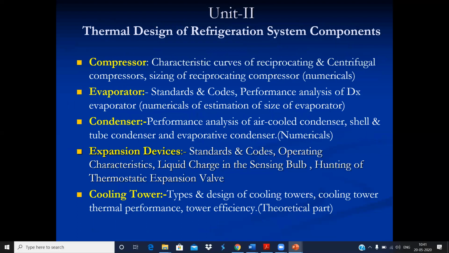Unit 2 is mainly based on the components of refrigeration system and their design aspects like compressor, evaporator, condenser, expansion device, and cooling tower. In compressor, we'll mainly focus on the reciprocating compressor, that is how to size this reciprocating compressor, and the characteristics of reciprocating compressor as well as centrifugal compressor, because almost 80 to 90% of applications are covered by these two compressors till date.